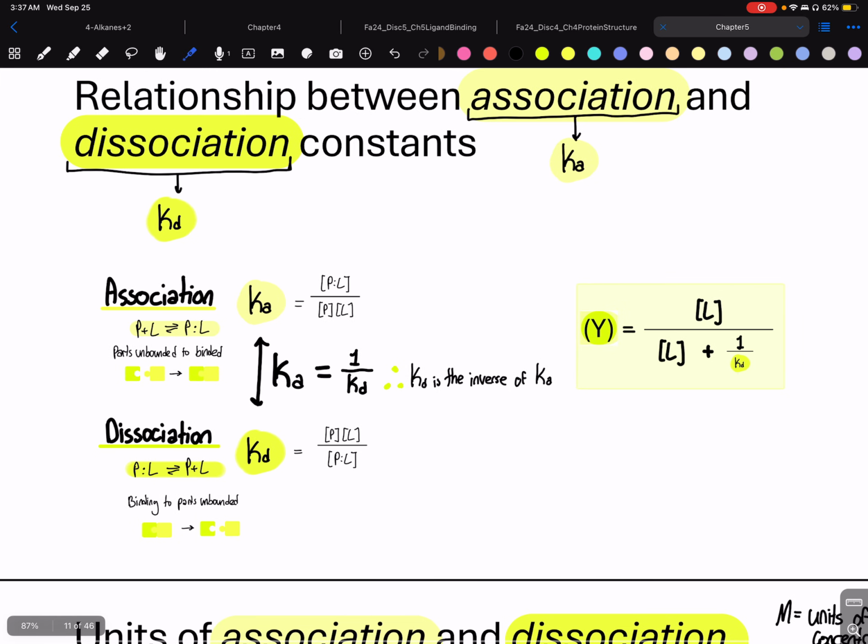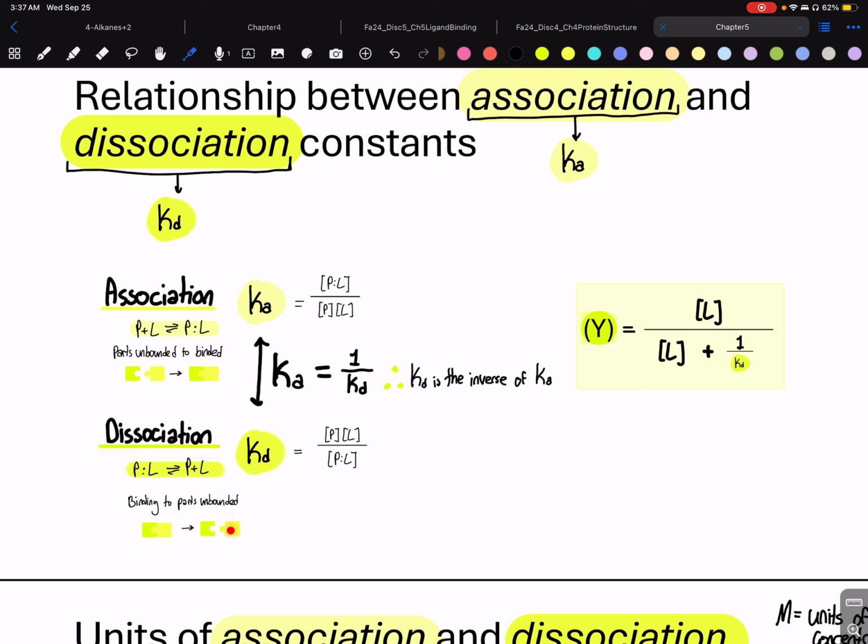So relationship between association and dissociation. So association, basically, you're going to have your parts unbound to bound. So I think of my two puzzle pieces to a complete puzzle. Dissociation is the opposite. It's going to be bound molecules to the parts that are unbound. So breaking the puzzle. So association, I'm making the puzzle, I'm associating my puzzle pieces.